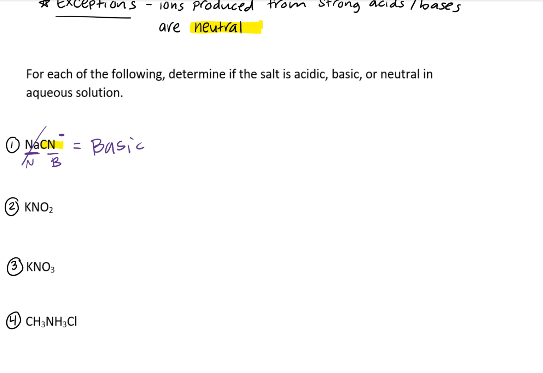If sodium cyanide is dissolved in water, it breaks up into Na+ and CN-. The Na+ is neutral, but the CN-, when it's with the water, is going to take one hydrogen away from the water, turning it into HCN, and the water is left as hydroxide. And the creation of this hydroxide ion is what makes it a basic solution.